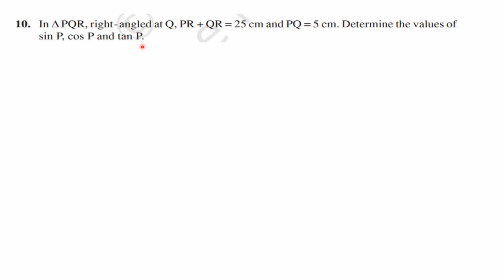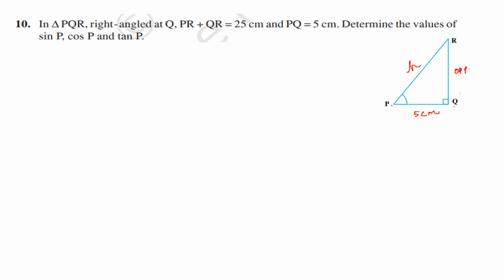In triangle PQR, right angled at Q, PR plus QR equal to 25 cm and PQ equal to 5 cm. Determine the value of sin P, cos P and tan P. Okay. So here the value for PQ is given as 5 cm. With respect to P, your QR is the opposite side.